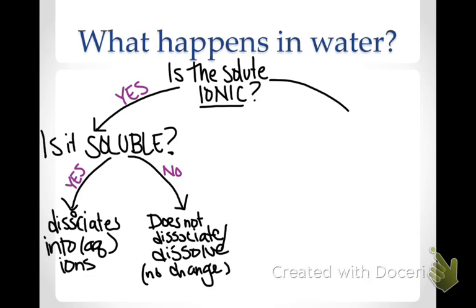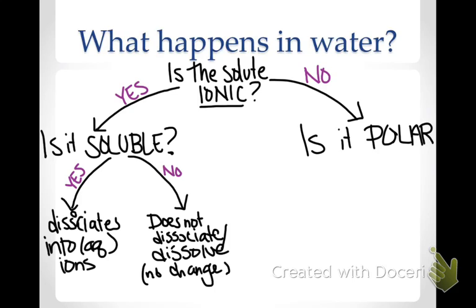Now if the solute is not ionic, if it is in fact a covalent compound, then the next question we ask ourselves, and we were talking about this yesterday a little bit, is: is it polar? Remember our like dissolves like rule.